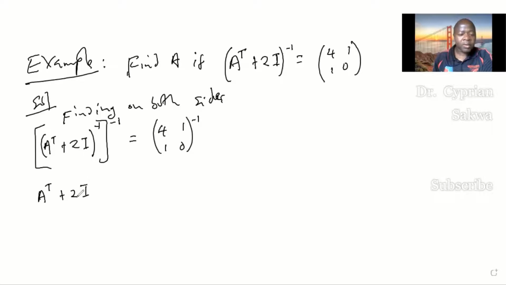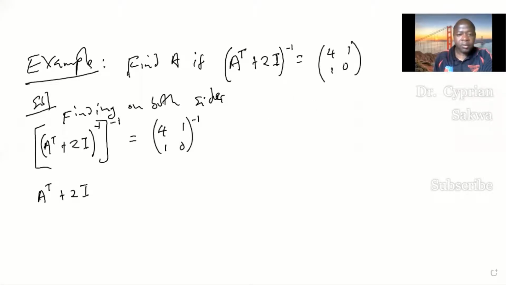That's what we learned, that the theorem says the inverse of A inverse is A. Supposing this is A, then the inverse of its inverse will just be A. That's what that theorem says.